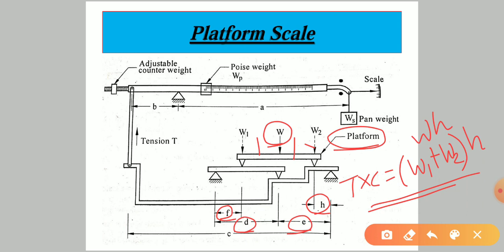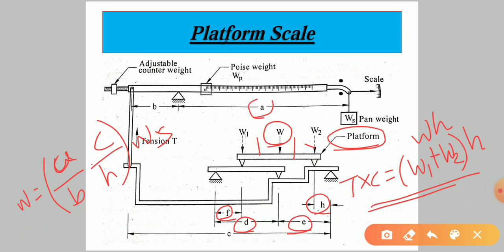So the final equation is W equal to A by B into C by H into WS. Here, this is A, this is B, C over here and H, and WS is our pen weight.